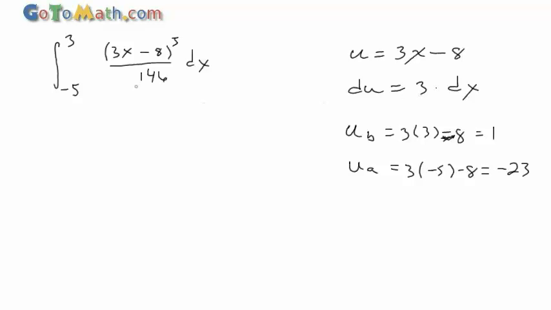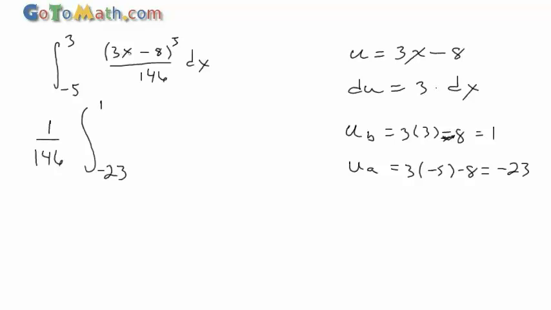Okay, now I'm going to take this 146 right here and get it out of the way. So the -5 got replaced with -23, and the 3 gets replaced with a 1.